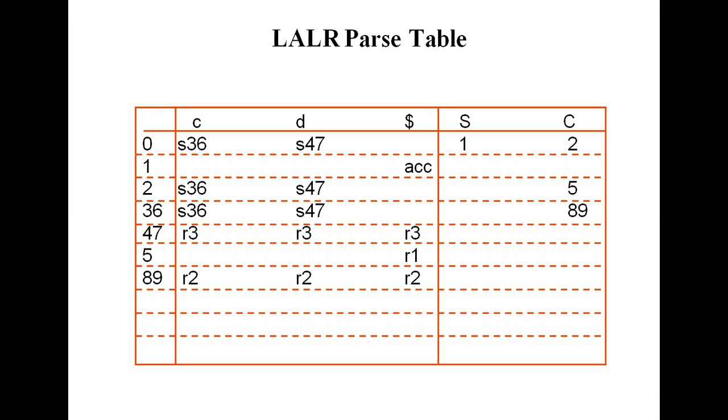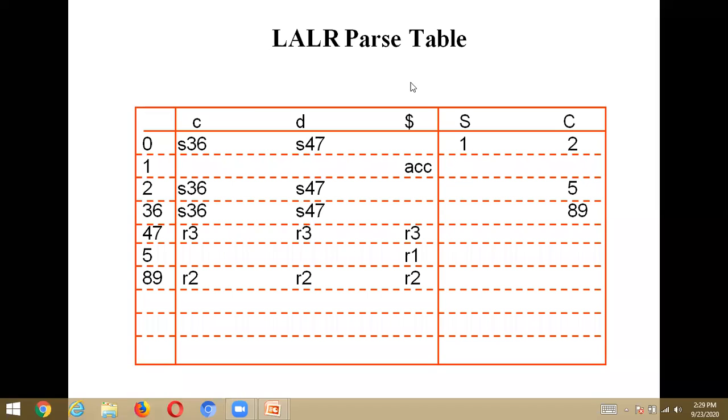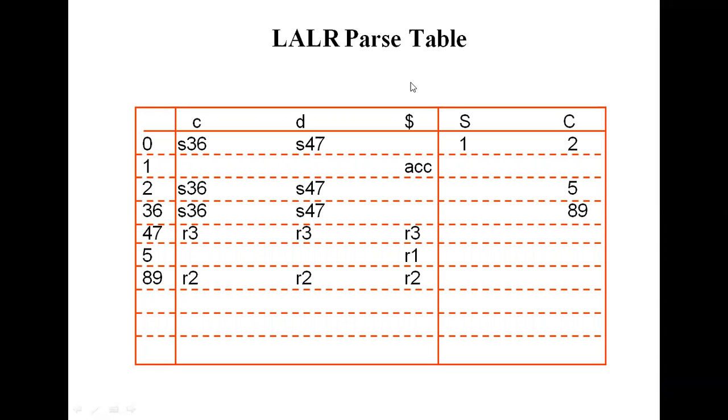The first component is the rule from the grammar, and the second component is the lookahead symbols. So the first component should be the same and the second component should differ. If we have such items, we merge those two items, and after merging it is considered as a single item, that is a single state here. Right? Is it clear? This is the construction of the LALR parsing table.